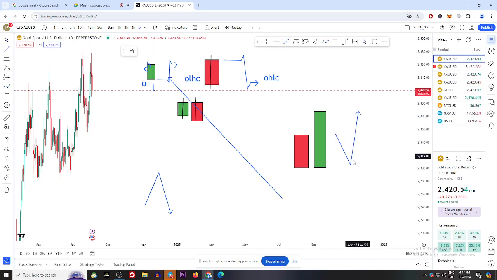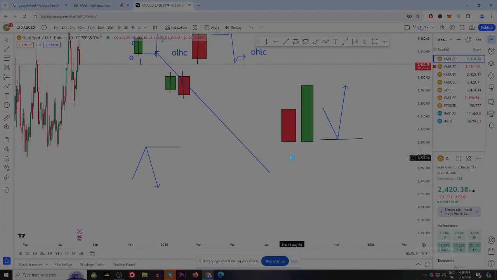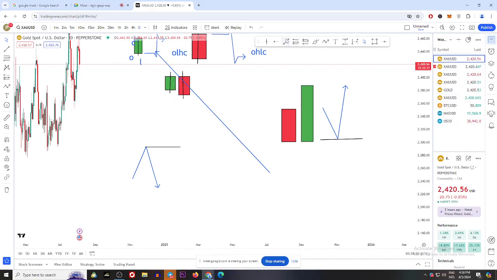If you look at this, at the same time it is a V shape. So whenever we have a V shape, we have a buy engulfing, and whenever we have an A shape, we have a sell engulfing.